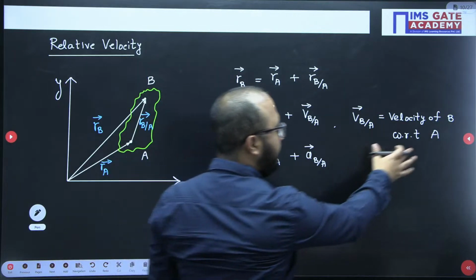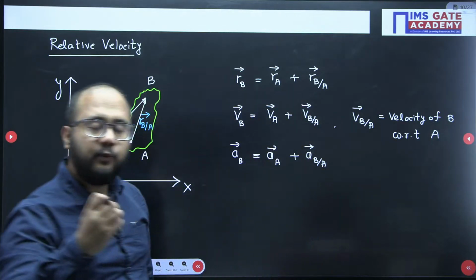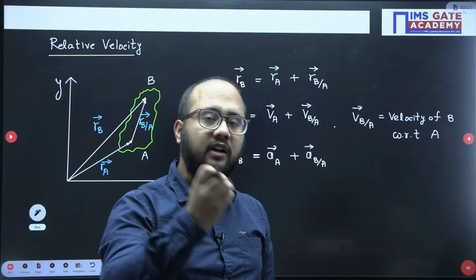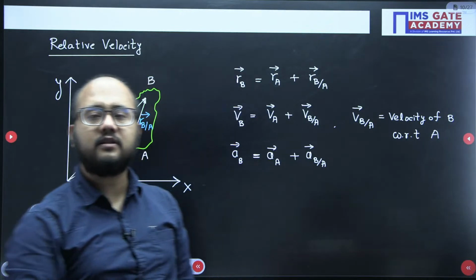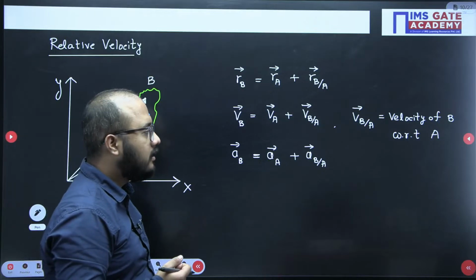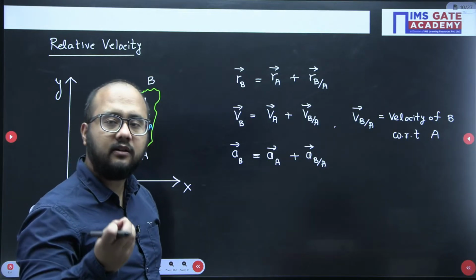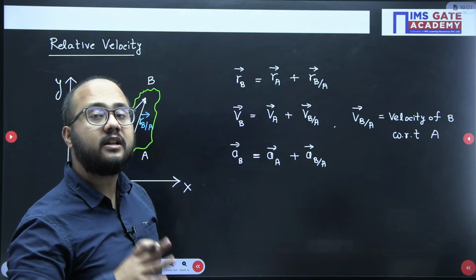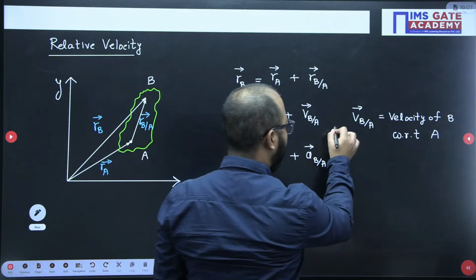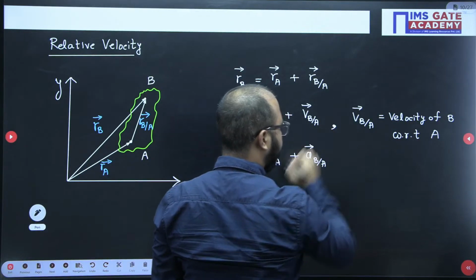Reference point will be that point for which we have information like position, velocity or acceleration. So the reference point becomes that point for which information is given in the question. I hope you will remember this point.